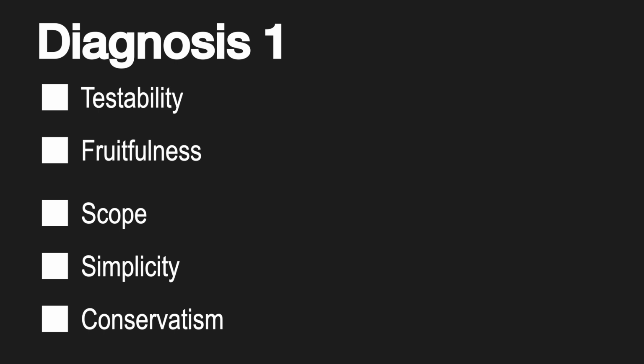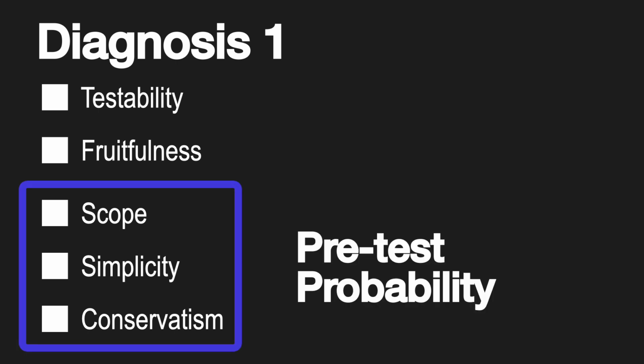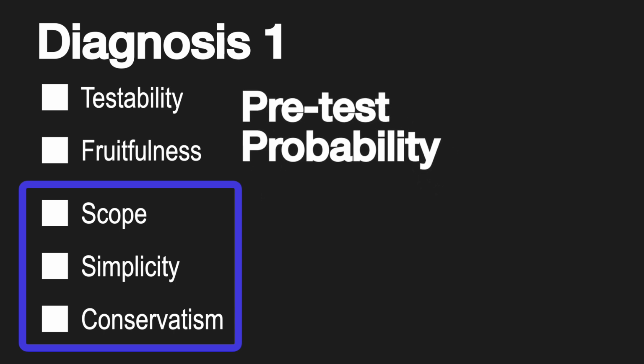For example, schistosomiasis is not conservative because it's not prevalent in North America, and leaky gut, Candida hypersensitivity syndrome, and Qi imbalance are not conservative because they're not scientifically well established. These other criteria generate a pretest probability and give weight to our test.